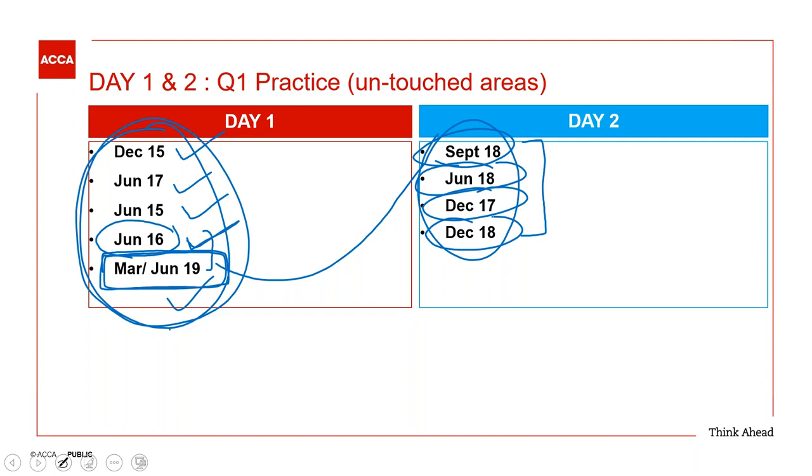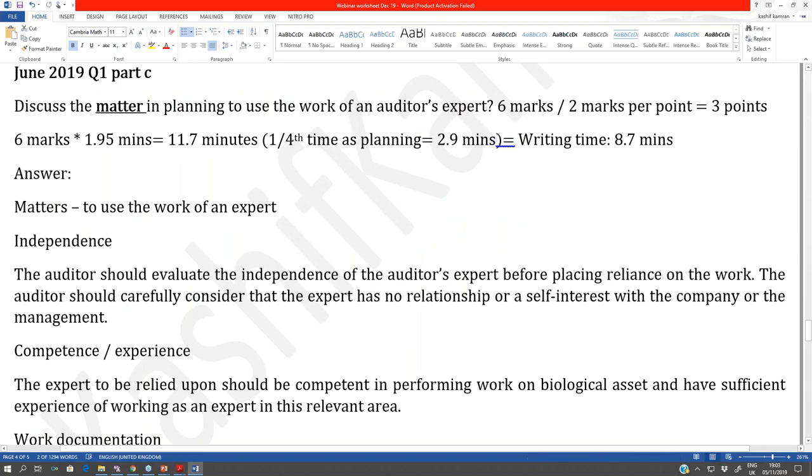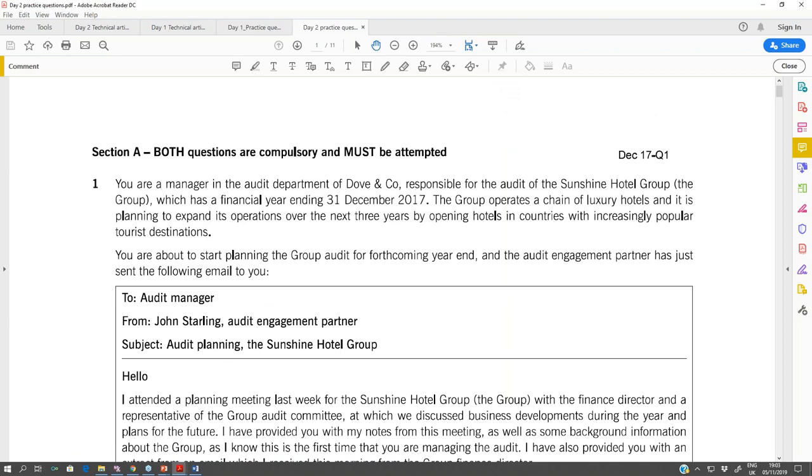Okay, let's take on another question from September 18. Let's see what's an unusual thing in the September 18 question which the examiner is asking us. September 18 question number 1. Okay, now the day 2 practice questions.